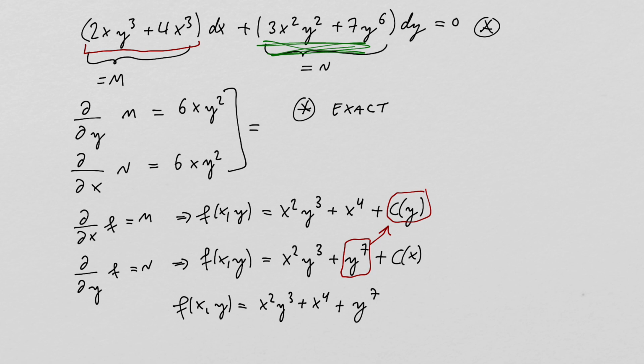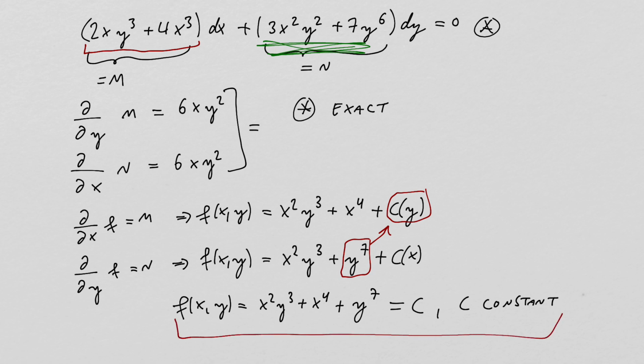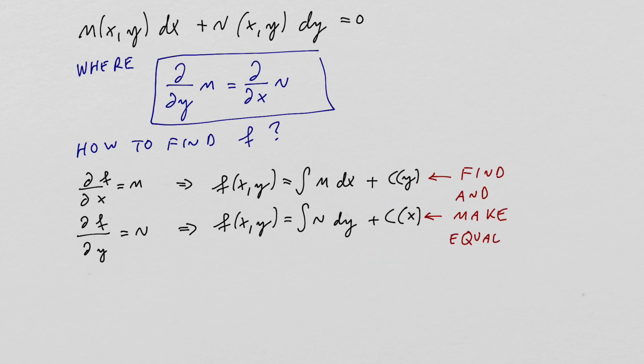Here's our function f, and the solutions are of that form that this function f is a constant. Now we know how to solve these exact equations. We have the criterion to check if the equation is exact, and then after that we can make these expressions and make them to be equal.